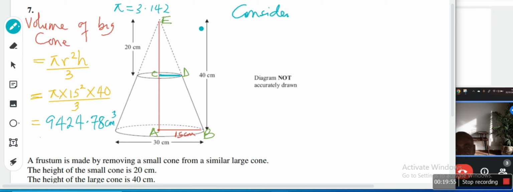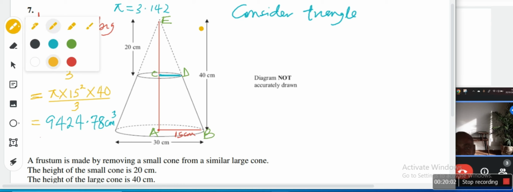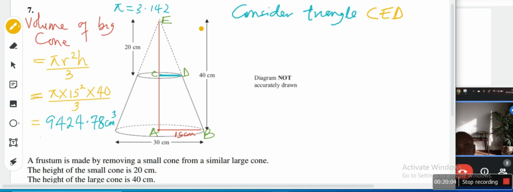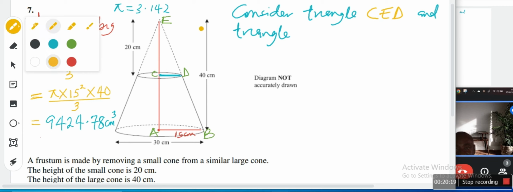Consider triangle CED, and triangle AEB. Okay, I'm impressed with the way you're naming it because you're naming it accordingly.